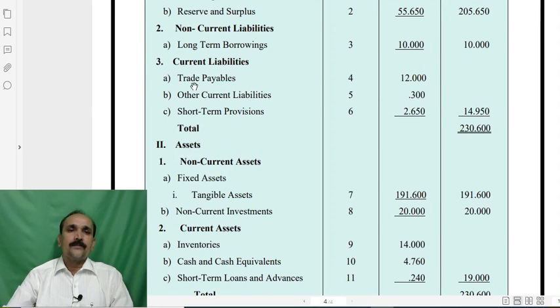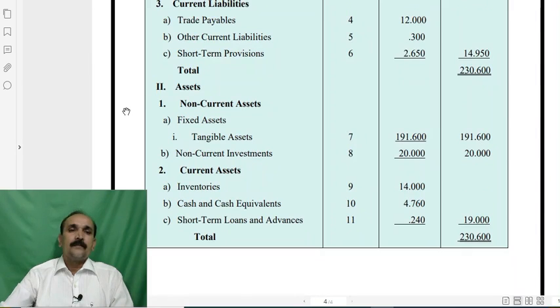Third, current liabilities. A. Trade payables, note 4, 12,000. B. Other current liabilities, note 5, 300. C. Short-term provisions, note 6, 2,650. Total 14,950. Total of liabilities 2,30,600.